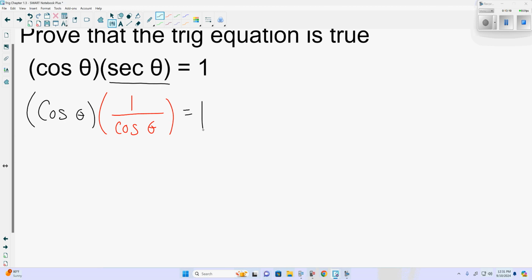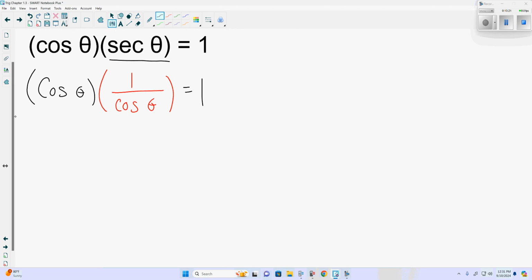Okay, now we can multiply these together, which gives us cosine of theta over cosine of theta. And cosine of theta over cosine of theta is indeed 1, so 1 is indeed equal to 1. We've proven that those two are equivalent.